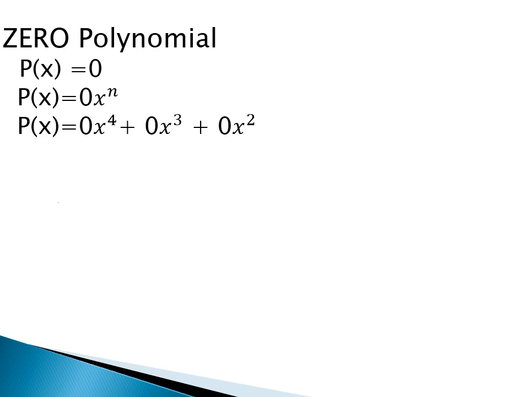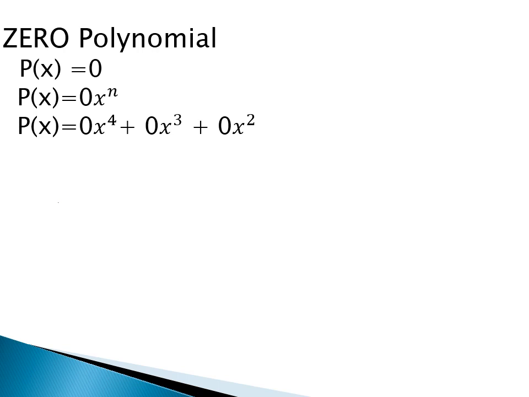That means the degree of this particular polynomial is 4, whereas all the coefficients are 0 only. We know that 0 times x raised to 4 finally gives 0 only. We are writing 0 as 0x raised to 4 plus 0x raised to 3 plus 0x square, right? So all these coefficients are 0 and the highest power is 4 only.